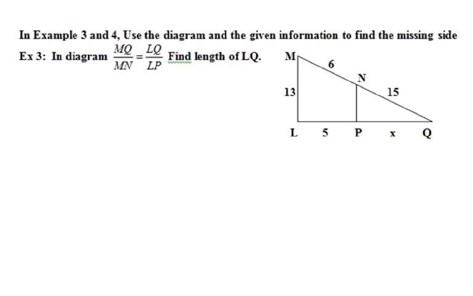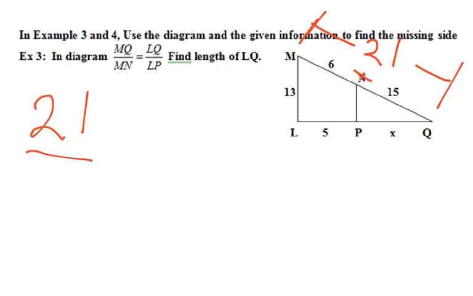So let's use these proportions and calculate the distances and measures in triangles. So MQ to MN equals LQ to LP. Well, here is MQ, and that distance is 6 plus 15, which is 21. So MQ, 21 over MN, which is here to here, 6, equals LQ, which this whole length, I have a 5 plus an x.